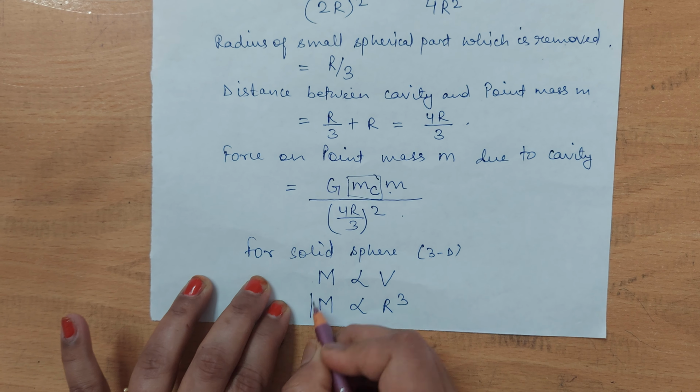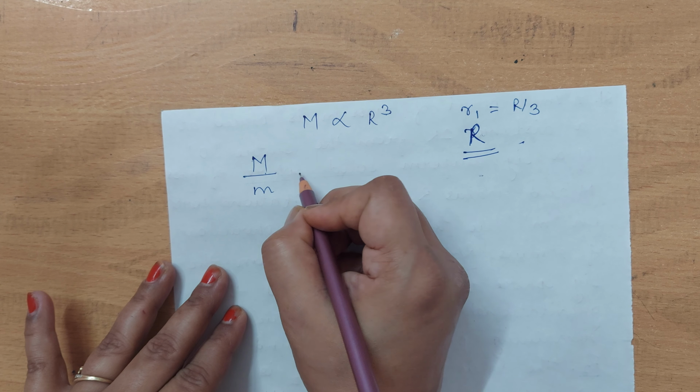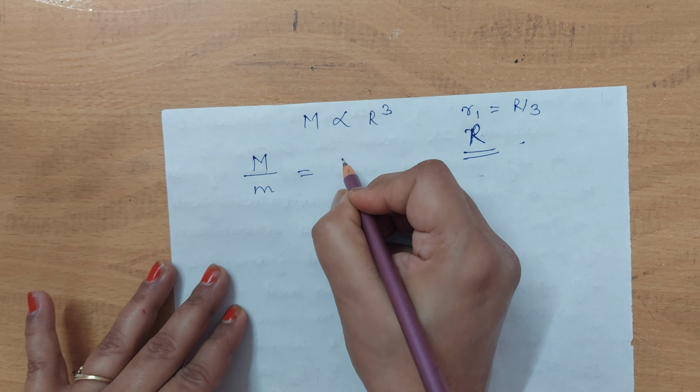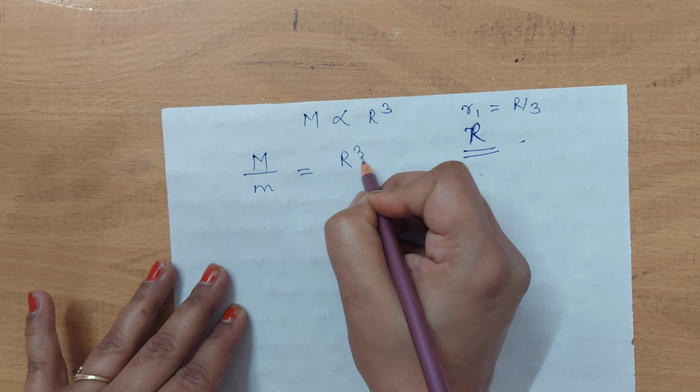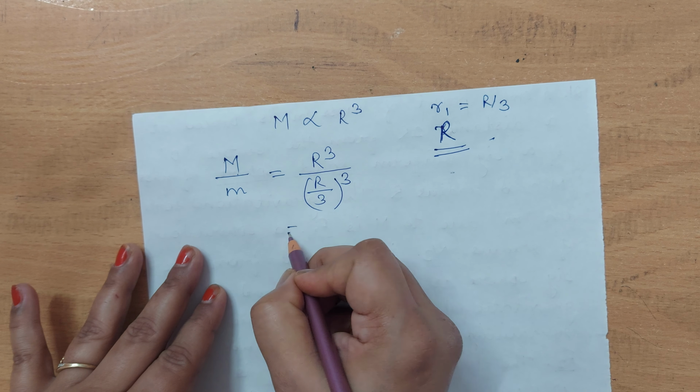So mass is directly proportional to r cube. Suppose r1 represents the radius of the small spherical part, which is equal to r by 3 as given in the question, and capital R we know is the radius of the bigger sphere. So we can write M by mc, the mass of the bigger sphere divided by the mass of the small part, is equal to R cube by (r by 3) whole cube.